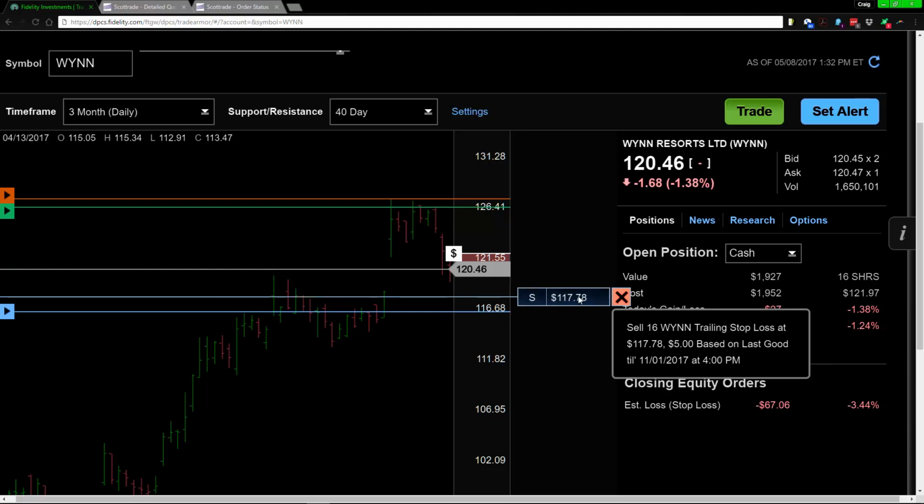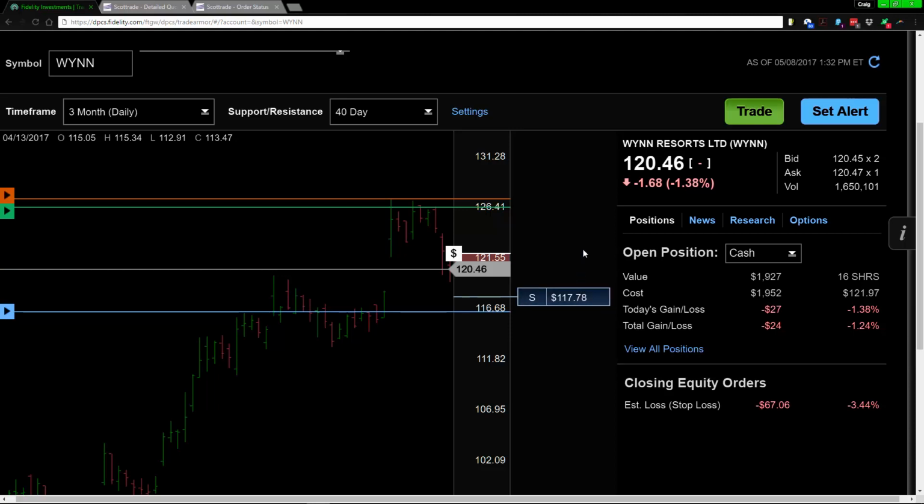So how does a trail work? This is where that comes into play. At 121.55, if that price increases, and I think it increased to 122.78.